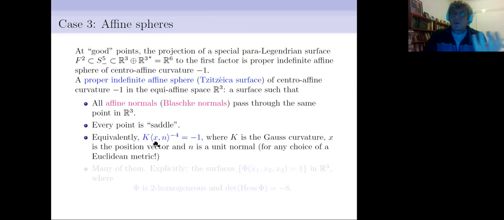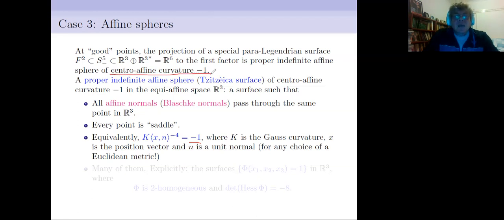Although here we obviously have some metric things like Gaussian curvature and the unit normal, still this turns out to be an affine invariant. And what we have on the left, this is this central affine curvature -1. So this -1, it's this guy here.